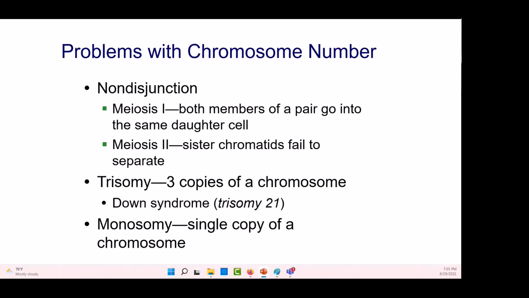They only receive one X chromosome. So they are known as X0 because they don't have 46 chromosomes, they have 45. And they are still female, but they don't necessarily have all the female characteristics, and they are not fertile.